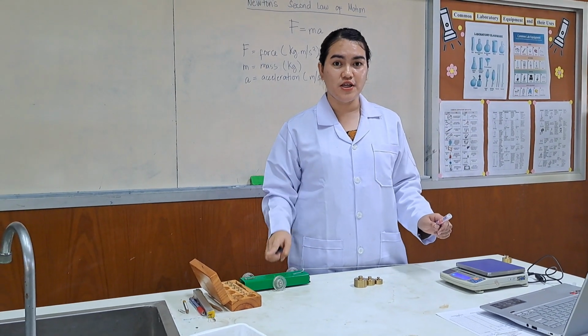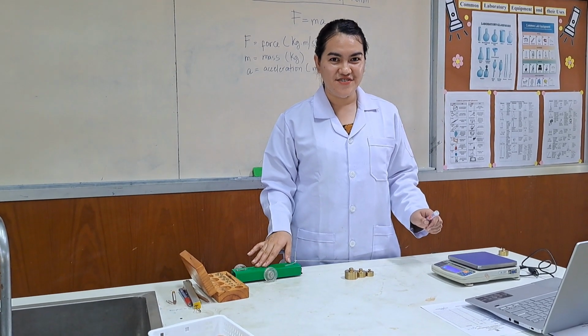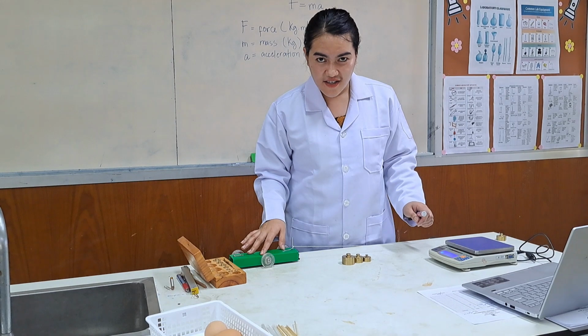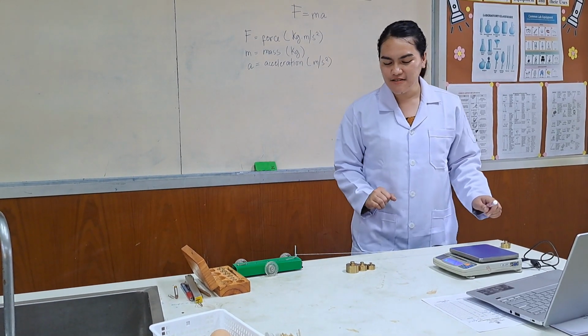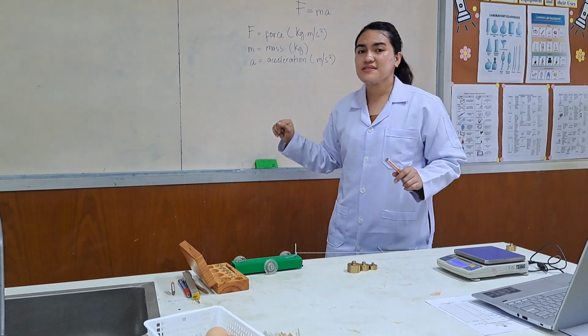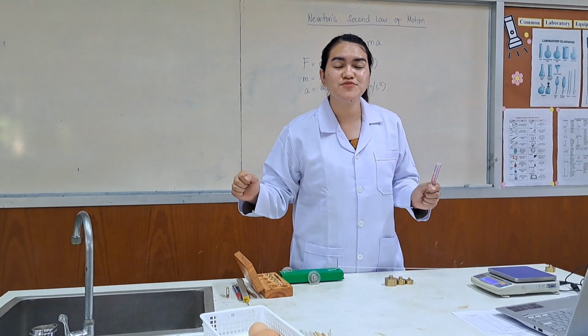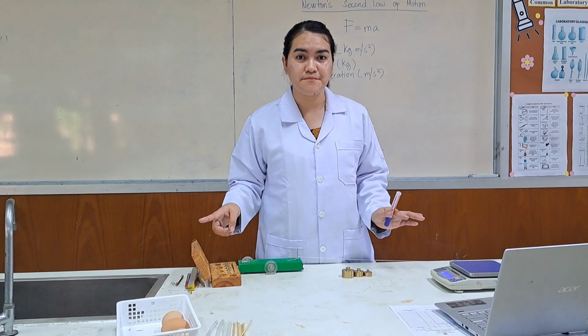We will convert it to kilogram, and that is 500 divided by 1,000, resulting in 0.5 kilogram. Okay? What about acceleration? Acceleration is about how quickly an object's velocity changes over a period of time.